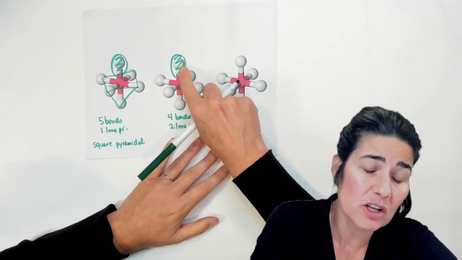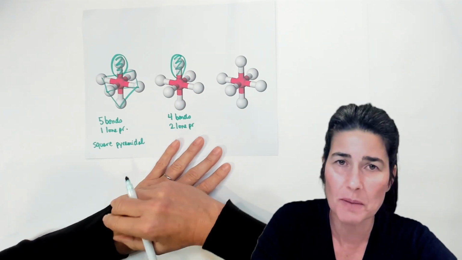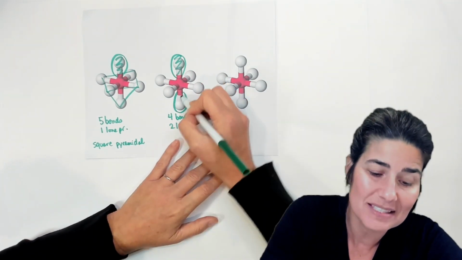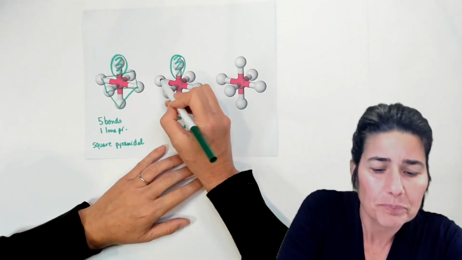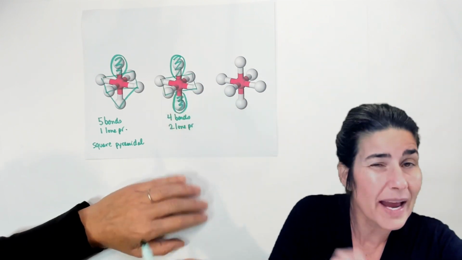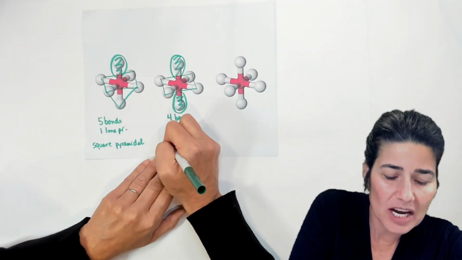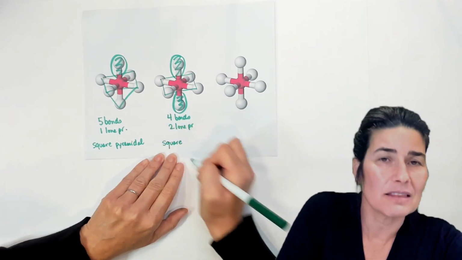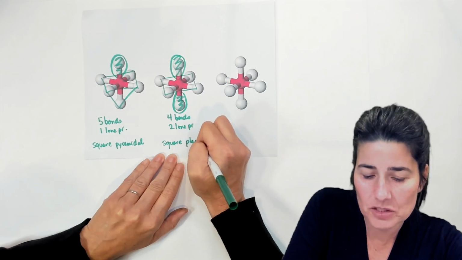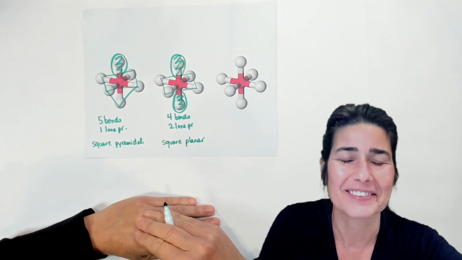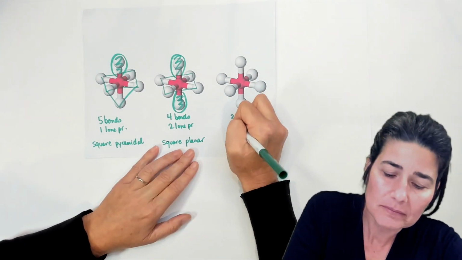So if your first lone pair goes on the top, we want to give the second lone pair as much room as possible. We're going to put it opposite of it. Now, if we do that, what are we left with? We're left with a square that is flat. So the name of this shape, well, it's square, and the fancy word for flat, planar. Square planar.